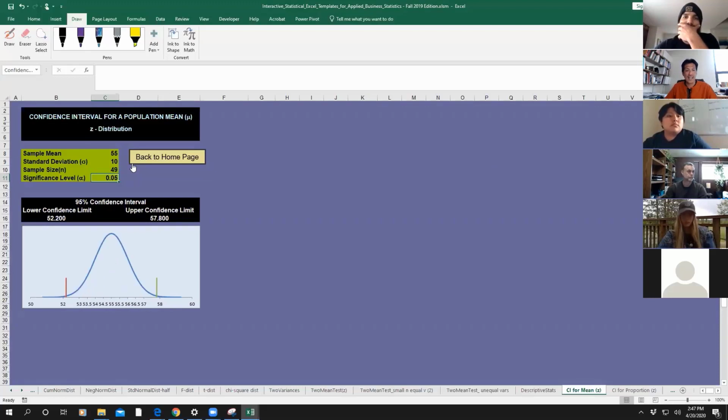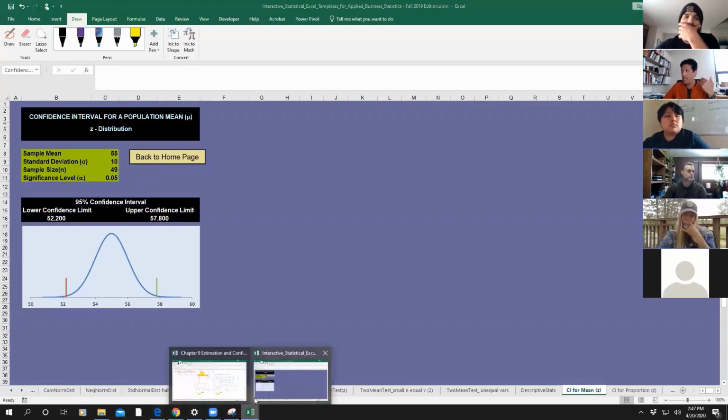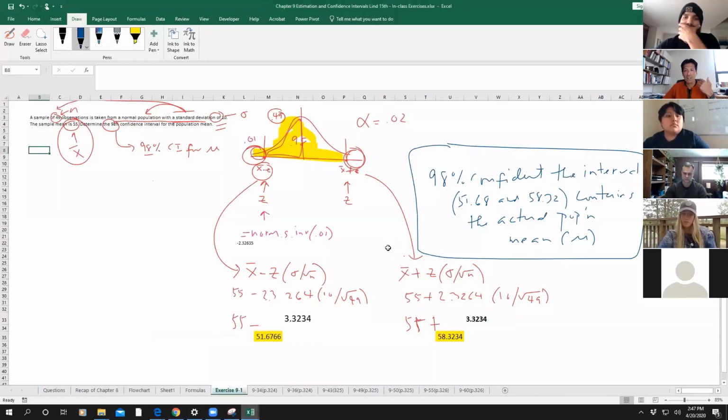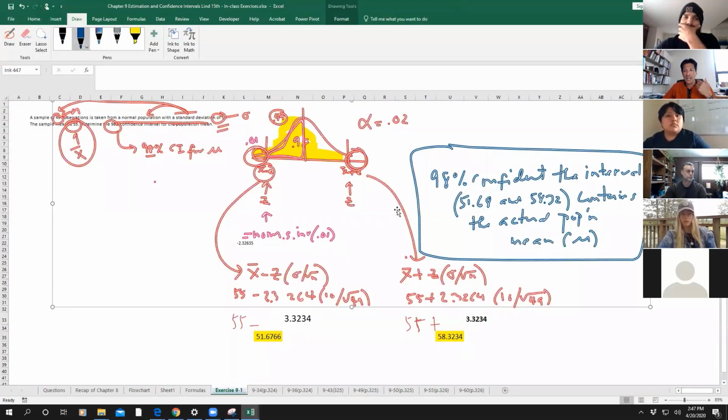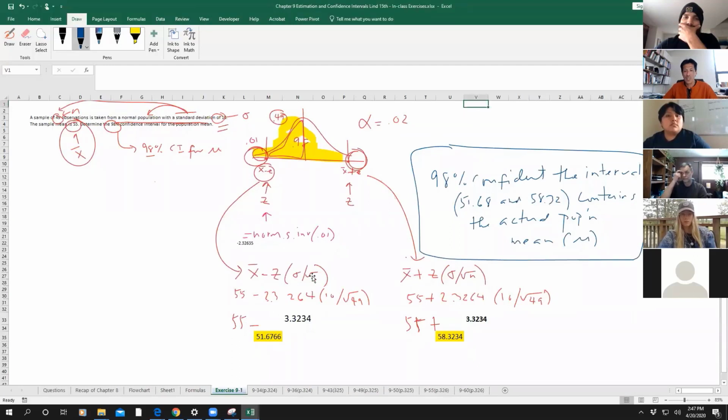And the significance level. Iridian mentioned this earlier, the significance level is the difference between the confidence level subtracted from 1. So 1 minus 0.98 is 0.02. So this one is also known as the significance level.